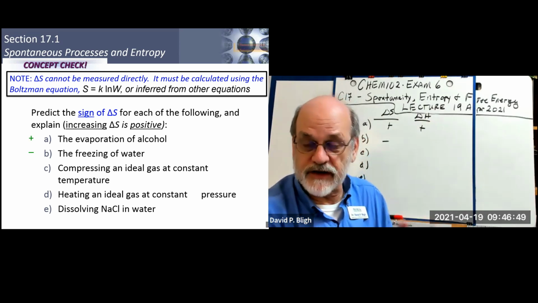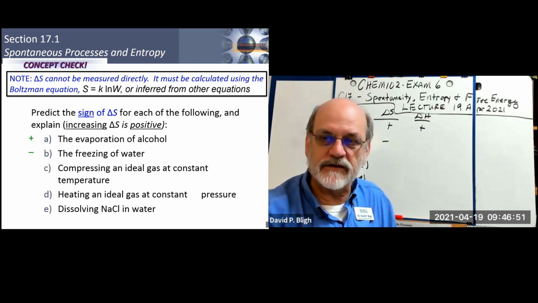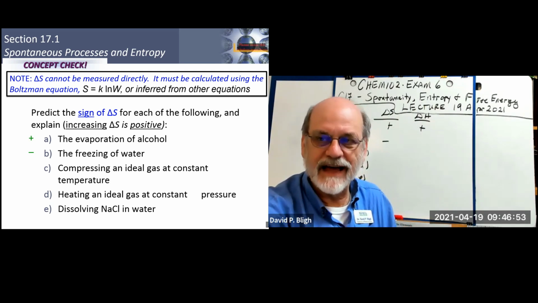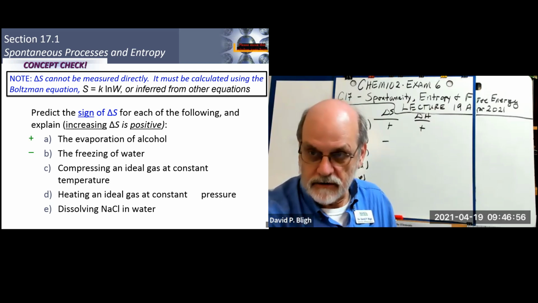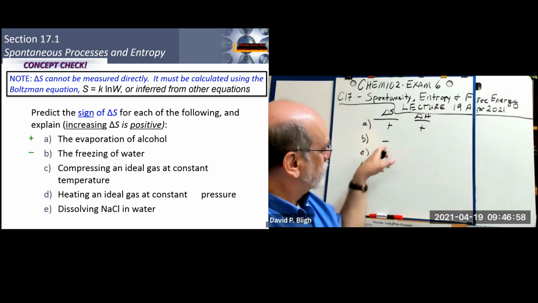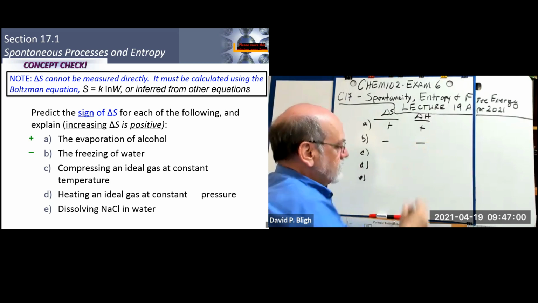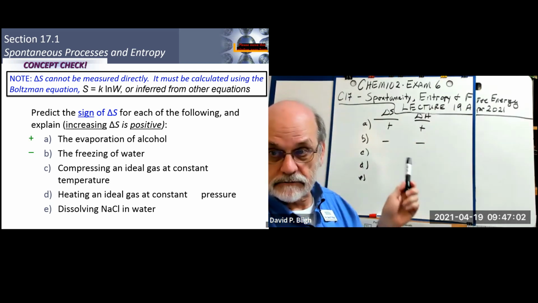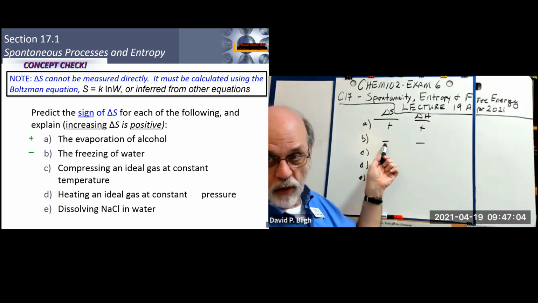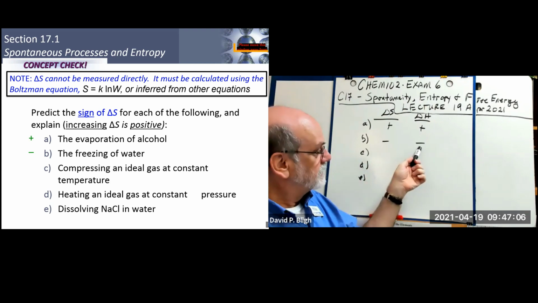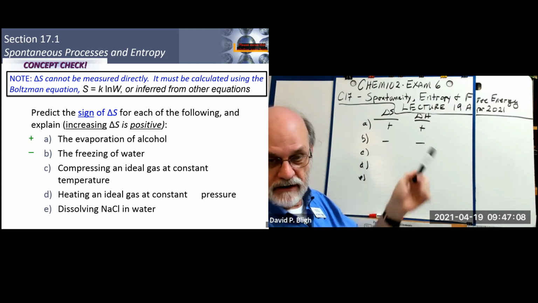It's in terms of the system. Positive means you're adding energy to the system. Negative means exothermic, you're losing energy. So for freezing water, this would be exothermic, correct? It's more orderly, and it's losing energy.